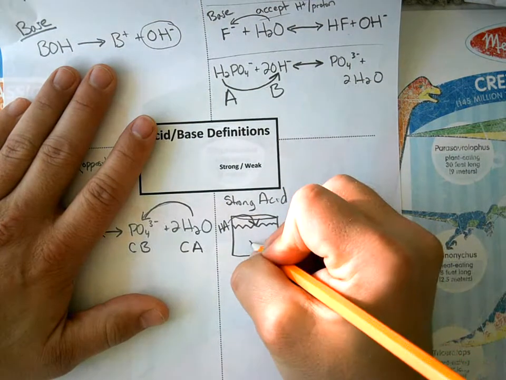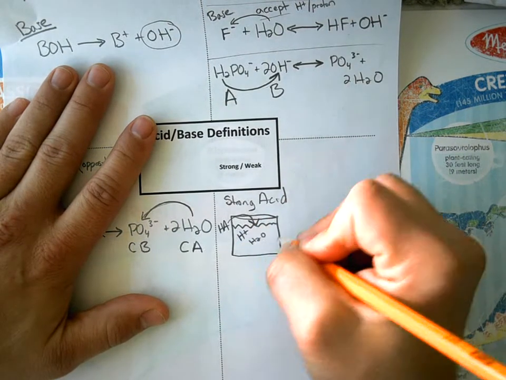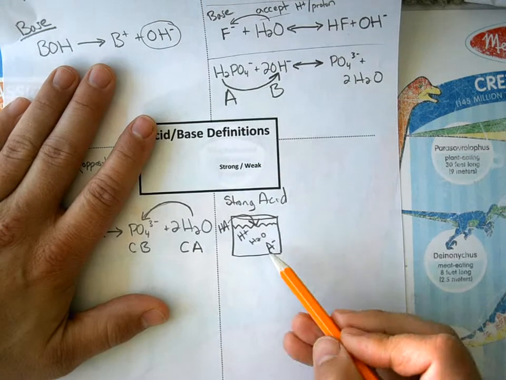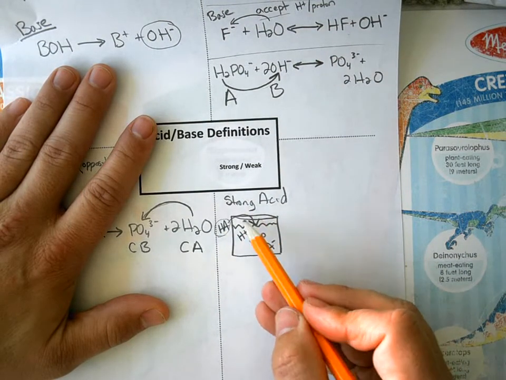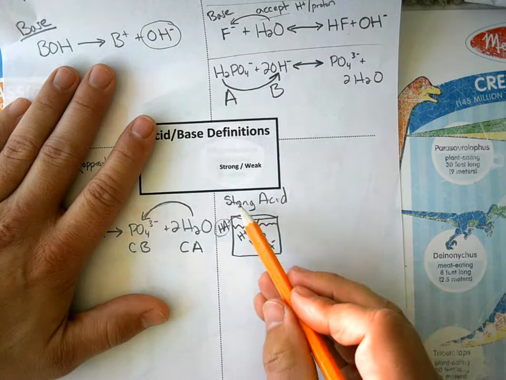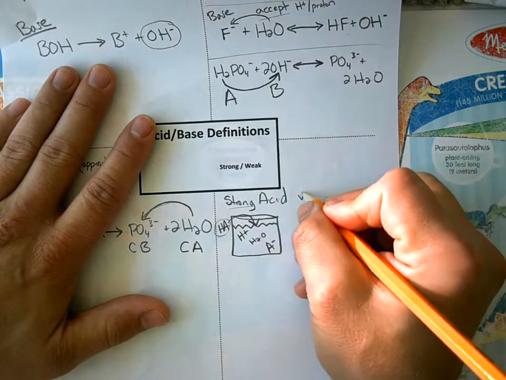Well, we always got some water floating around, and we have some H plus, and we have some A minus. We wouldn't have any of this HA left. This means it completely separates in the water. So that's what strong means: dissociates completely, or separates completely.